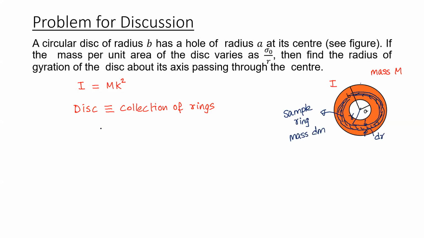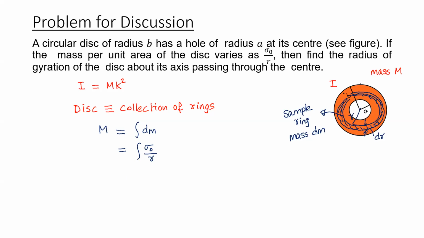Can I say I can get the total mass as an integral of dm? Now, what is dm? The mass per unit area is given to us as sigma naught by r, into area.